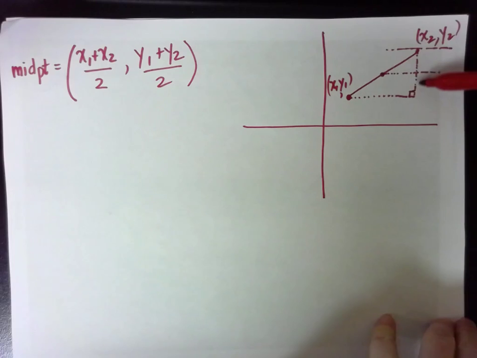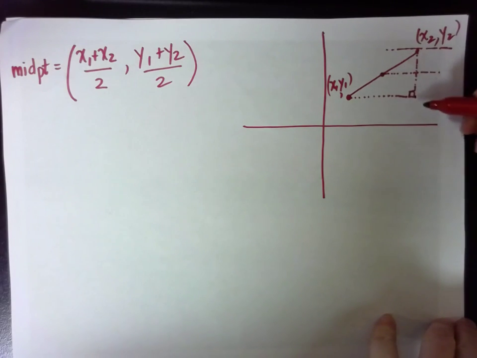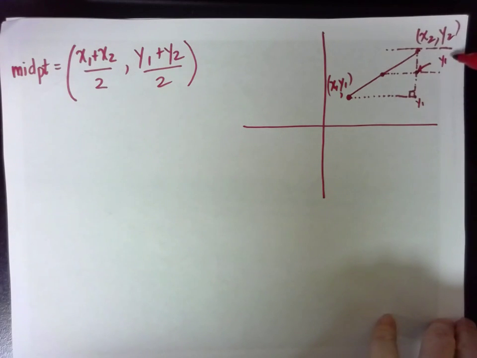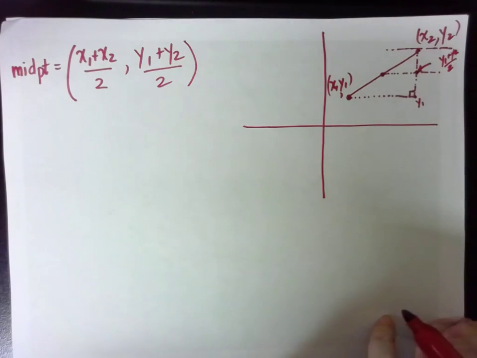for this point right here, that would have a y-coordinate of y1. And this point would have a y-coordinate of y2. So this point right here would have a y-coordinate of y1 plus y2 over 2, because it's on just a one-dimensional line between there.